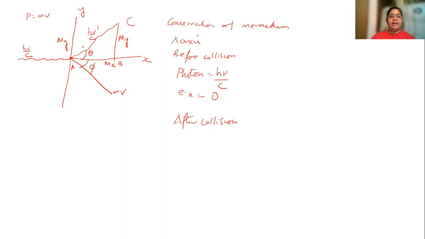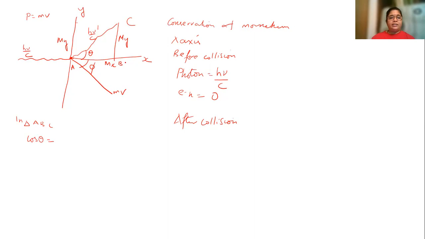So what can I say? After collision, momentum of photon along x-axis will be represented by mx. I need mx. So what should I do? I should take in triangle ABC, I need the adjacent side. So obviously, you will be speaking about cos theta.